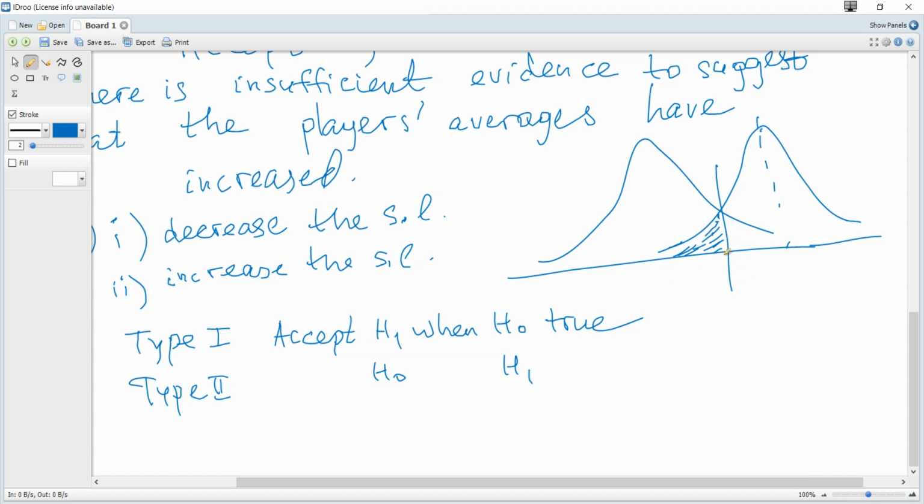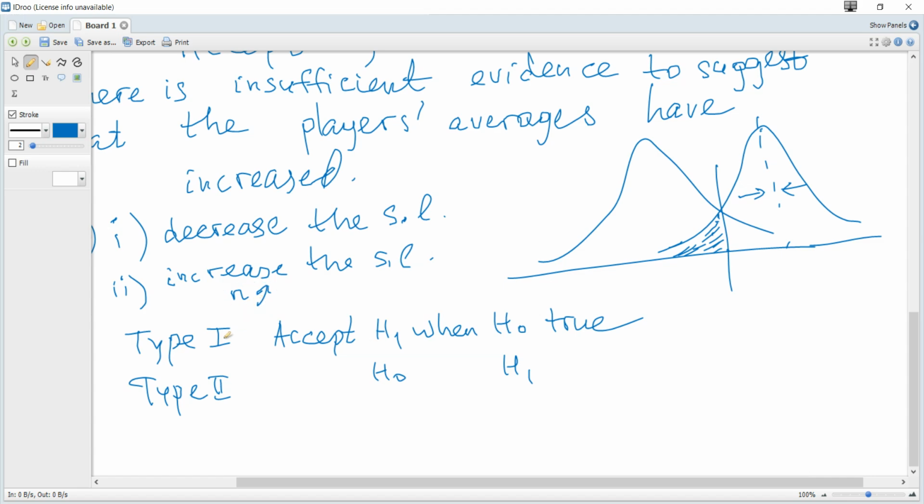Or if you increase the sample size, this becomes squashed and narrower, and hence this area also decreases, so type 2 error also decreases. But notice that it's true only for type 2 error. It's a mistake for type 1 error when you increase sample size.